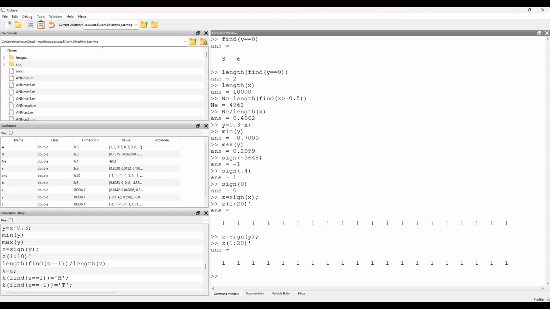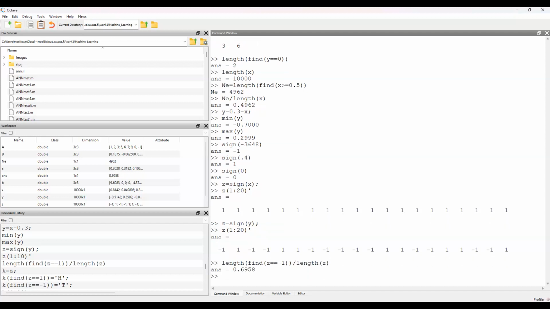Okay, so now if you want to calculate the probability of tail, we can compute it as the length of find of Z equal to -1, divided by the total length of the numbers, so the length of Z. So this gives you the probability that you will get tail.